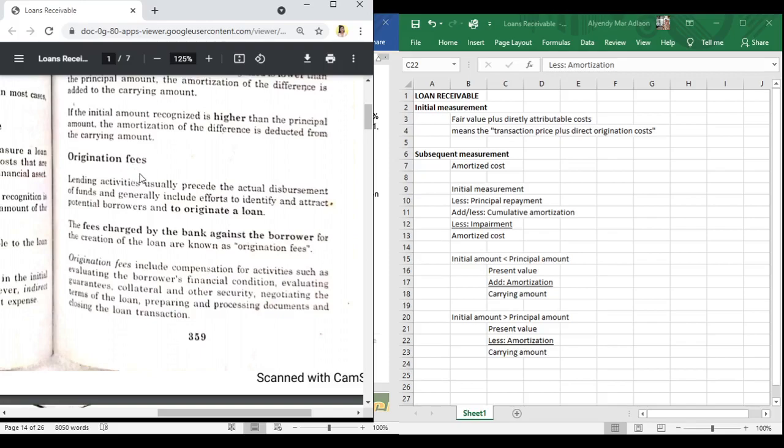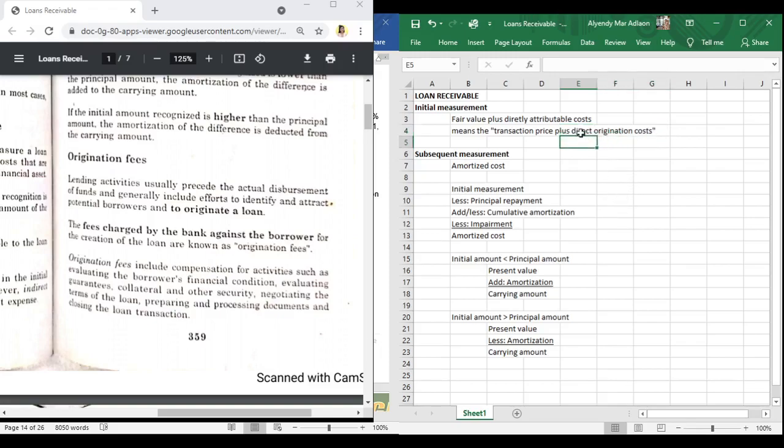So, what are origination fees? These fees are charged by the bank against the borrowers, okay, for the creation of the loan. So, this is not the same as the direct origination cost. Direct origination costs are the costs we incurred. Let's say we are the bank, the entity, the bank or the financial institution that lends.